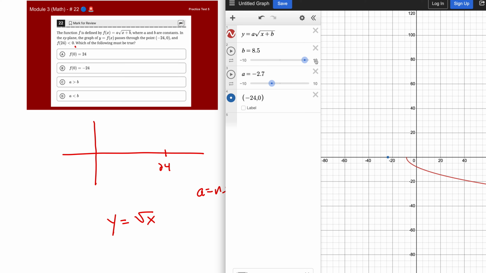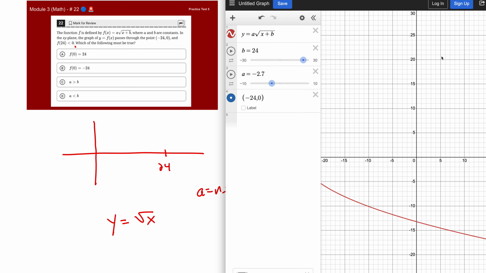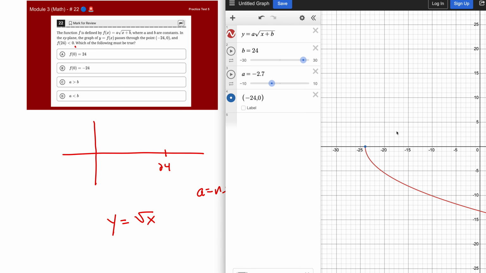I'm going to have to change the domain because it won't make it as is. So let's make this negative 30 to positive 30. All right, let's try our slider now. Let me zoom in and make sure we did it okay. Looks pretty good. I've satisfied the condition that it goes through the point negative 24 comma 0. Check.